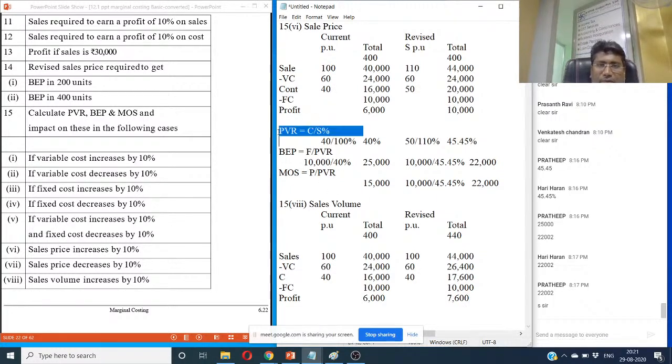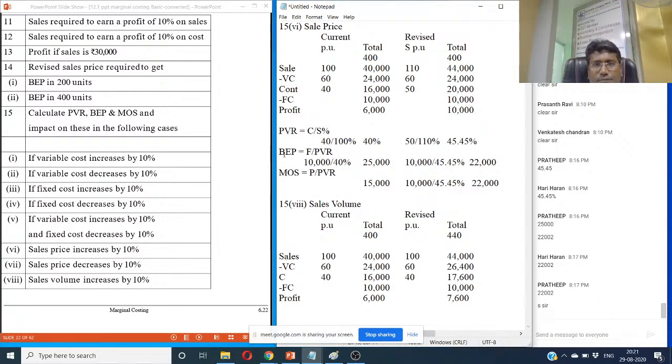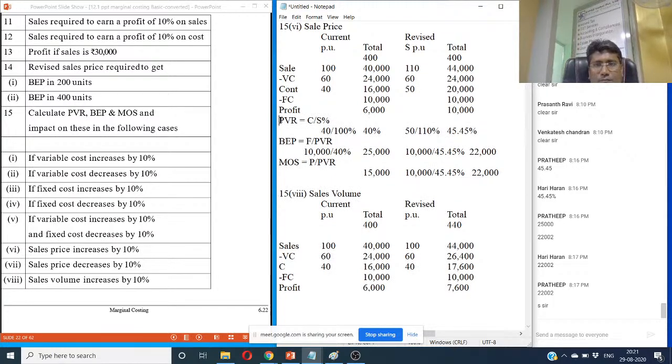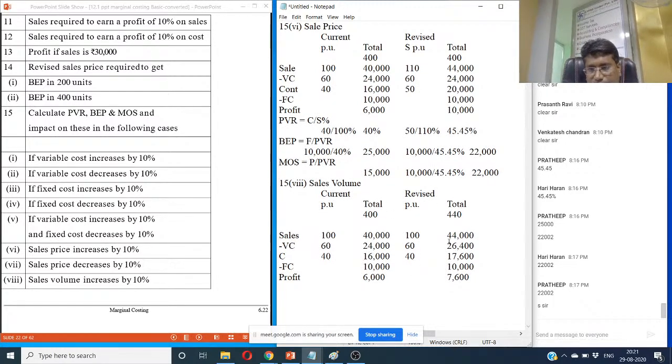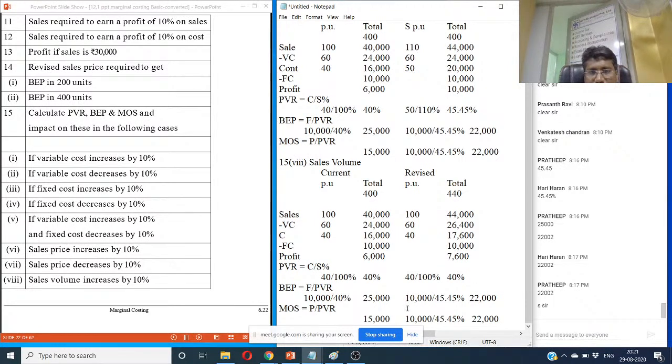So we'll be calculating the PVR, MOS, BEP all for the revised one now. So note that. The PVR in both the cases is the same. And BEP under both the cases is the same.